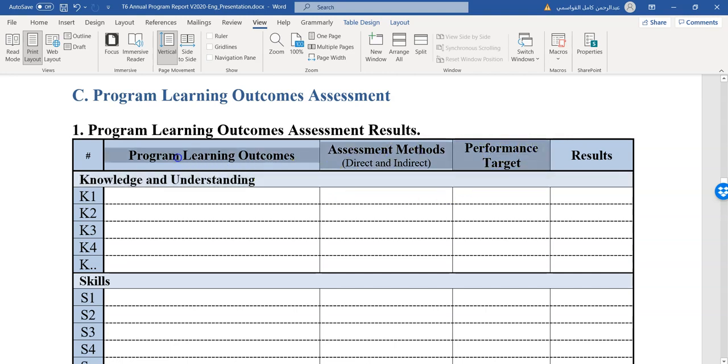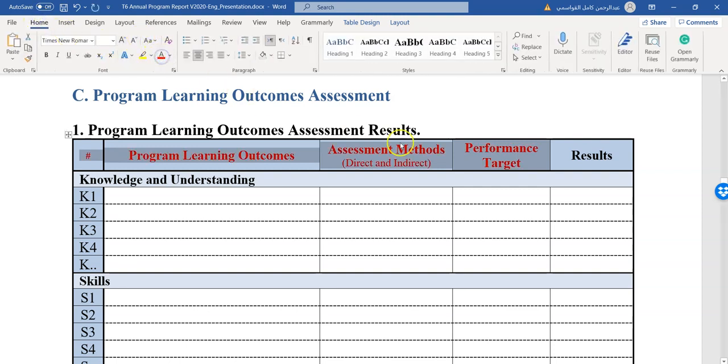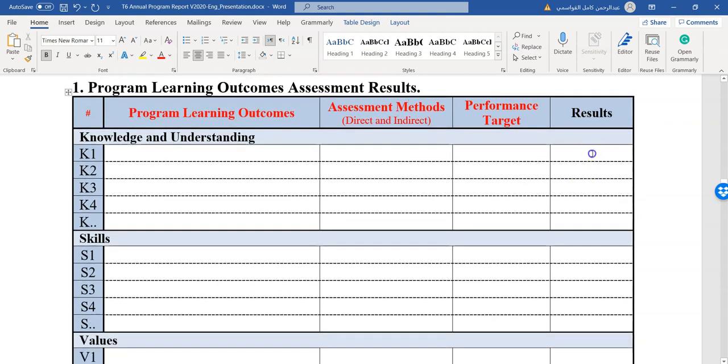These three things, as you see in red color, they should be from program specifications. The result should be written here. Of course, the assessment methods used are also approved in program specification. The result should be here.